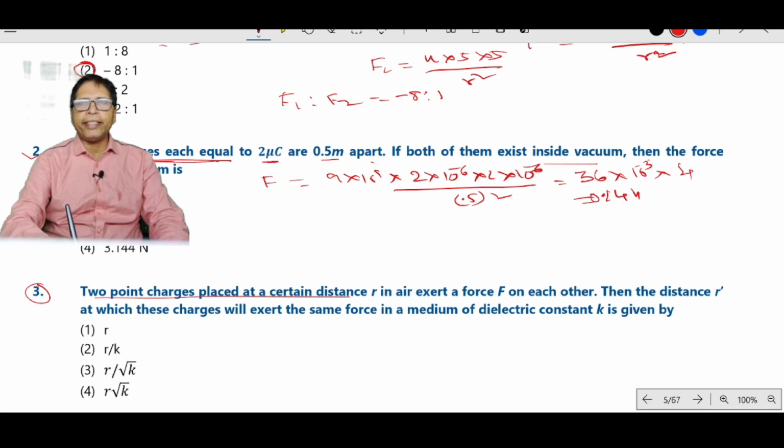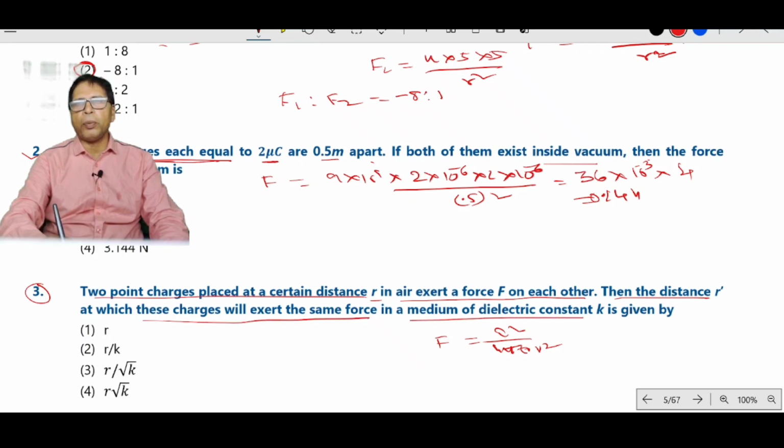Now question number 3. Two point charges placed at a certain distance r exert a force F between them. So F equals q square by 4 pi epsilon naught r square. Then the distance r dash at which these charges will exert the same force in a medium of dielectric constant K is given by: same force F equals q square by 4 pi epsilon naught K r dash square.